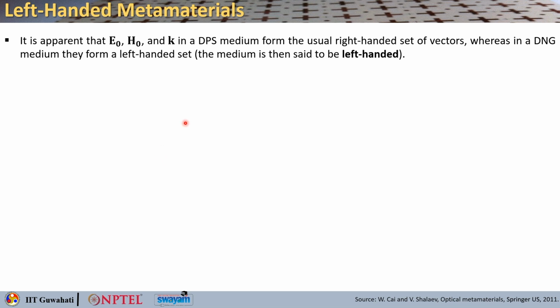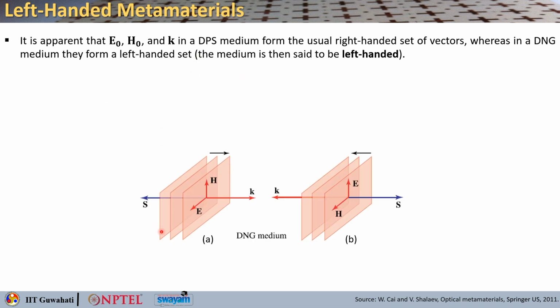So, how do you interpret it? Normally in the double positive medium, we have seen that E naught, H naught and k basically form a right handed set. In the double negative medium, they will form a left handed set. So, if you do E cross H, you have to use the left hand.